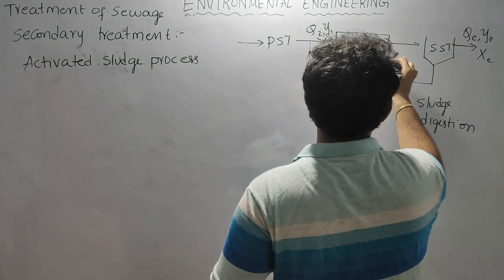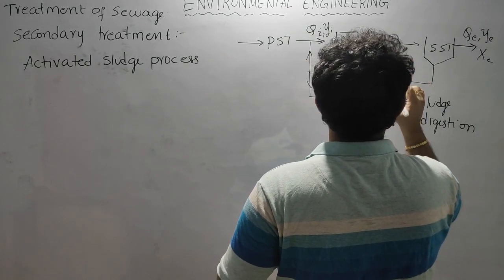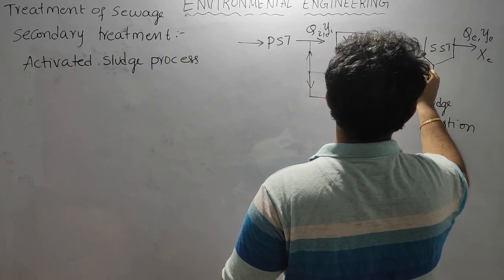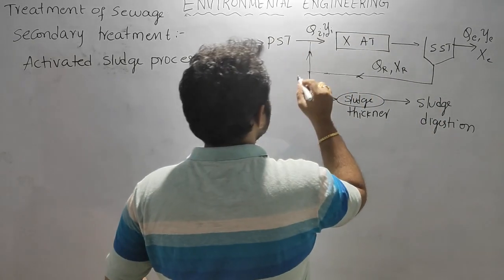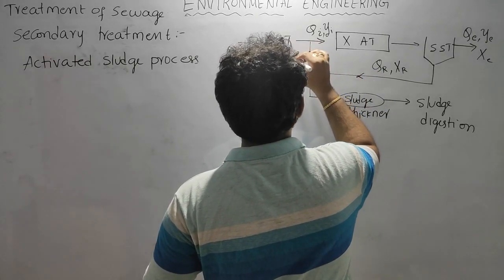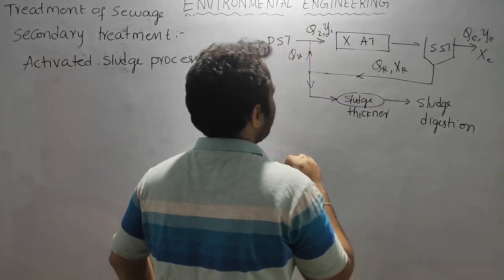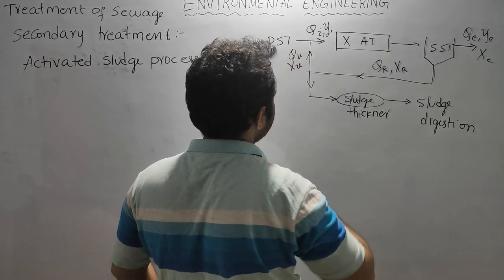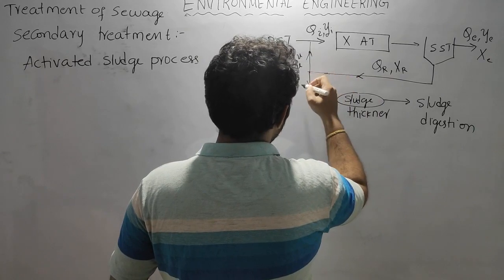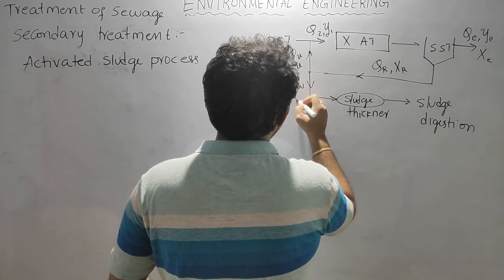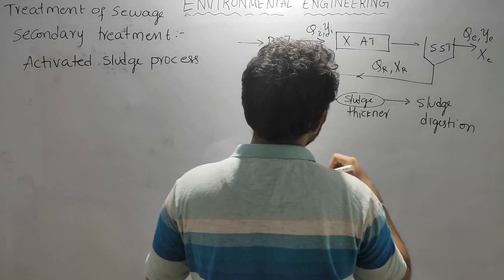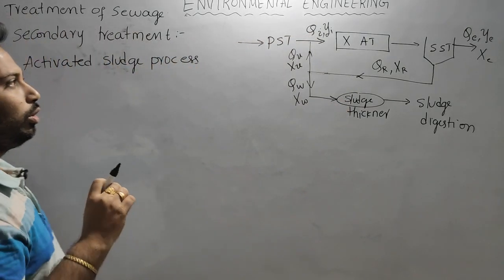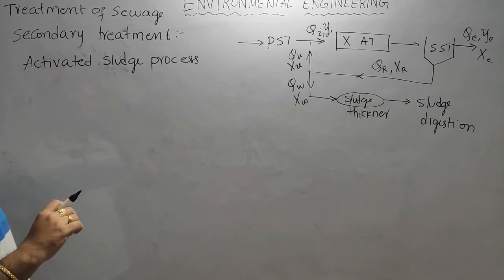This is the returned sludge QR, and the microorganisms present in it, let us take as XR. In this returned sludge we are using usable sludge, let us take it as QU, and the concentration of microorganisms in the usable sludge is XU. This is the wasted sludge QW, and the concentration of microorganisms in the wasted sludge is XW. These are the different terms which we will use for the analysis of the activated sludge process.